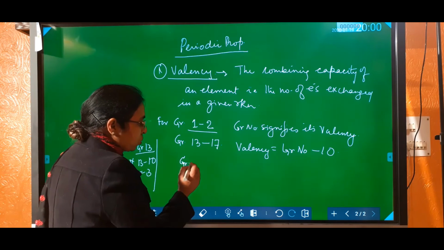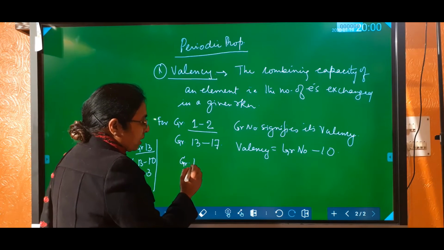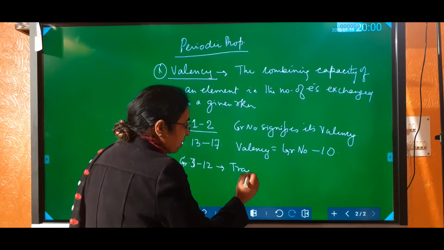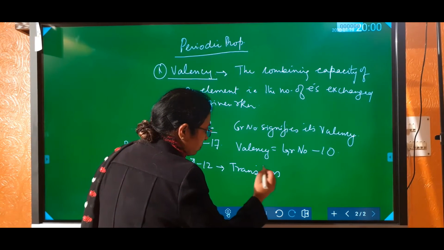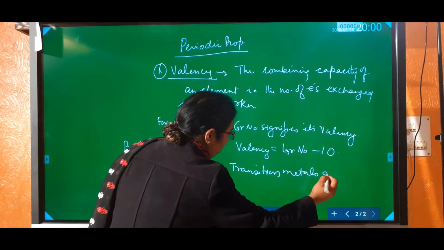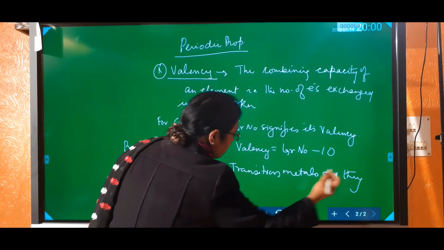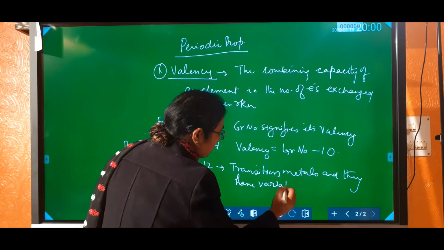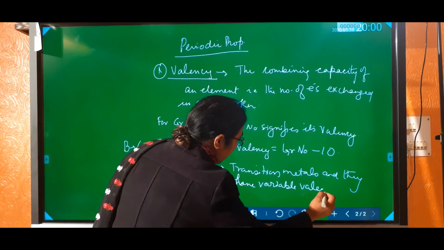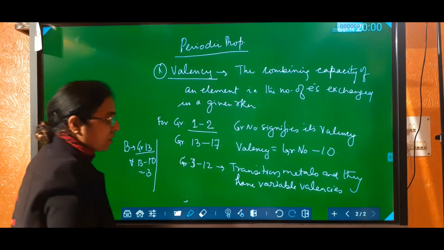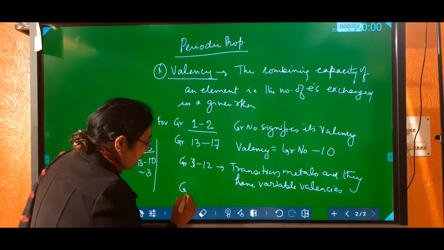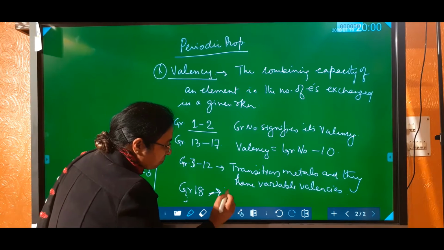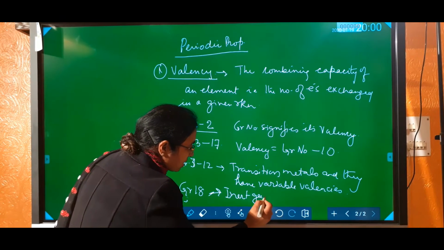And groups 3 to 12 are known as transition metals, and they have variable valencies. Then the last one, group 18, is the inert gases.